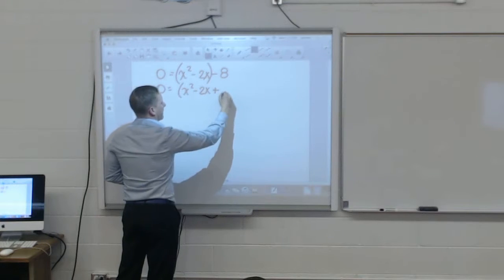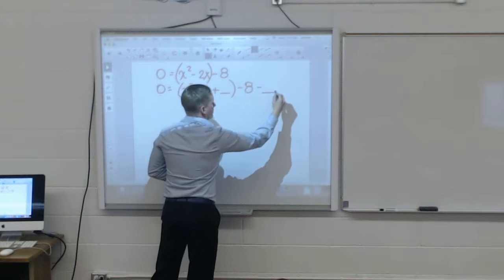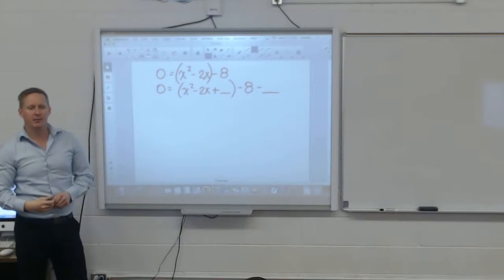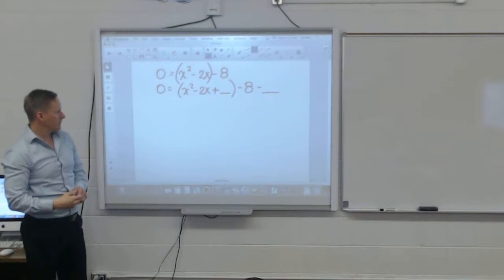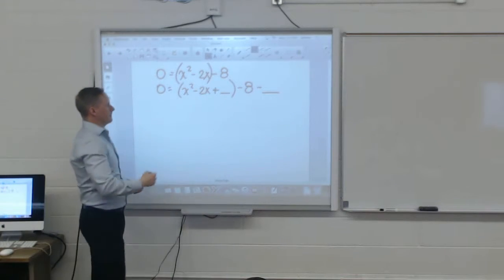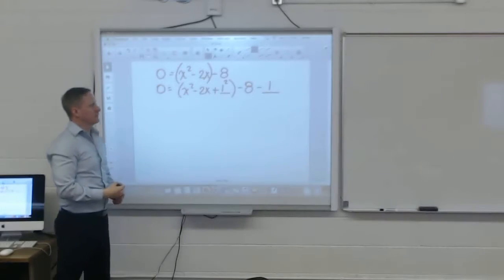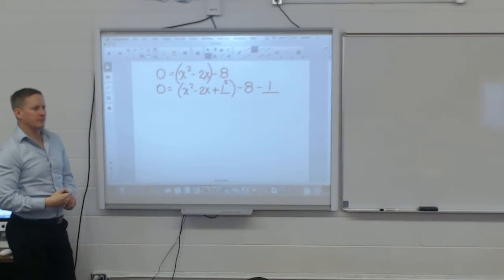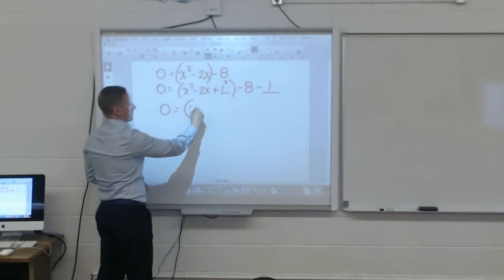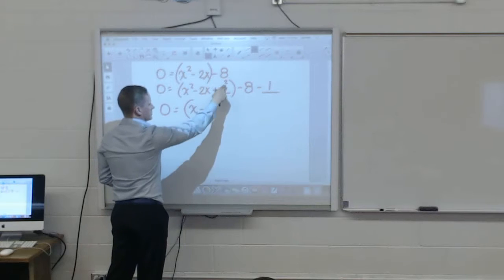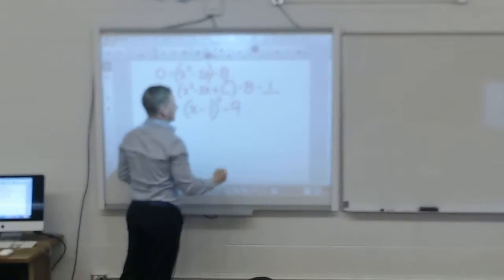Alright? So now, what's the next step after that? Factor out the a value. That's right. And since we don't have an a value, put in the blanks. That's good. And what goes in the blanks here? Half of the second number, b value squared. Right. So what is that? 1 squared gives me 1 out here. So far so good. 0 equals the square root of that term, that sign, the square root of that, all squared, and simplify the outside.